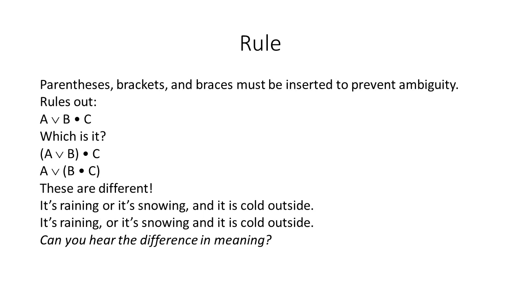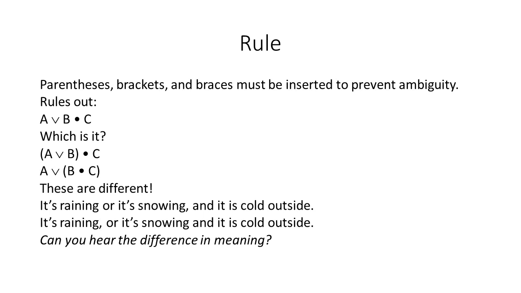So to prevent the ambiguity of A wedge B dot C, we have to put parentheses to block things up into different complex statements. One way to do it here would be with parentheses around A wedge B. Another way would be around B dot C. You might wonder which is the right way.